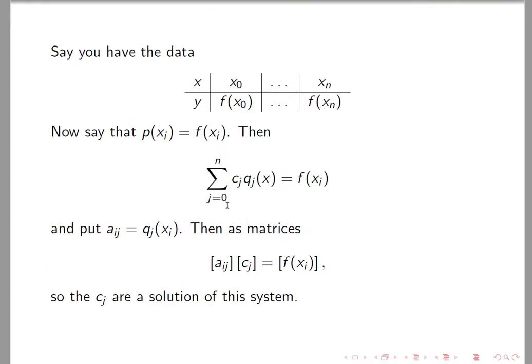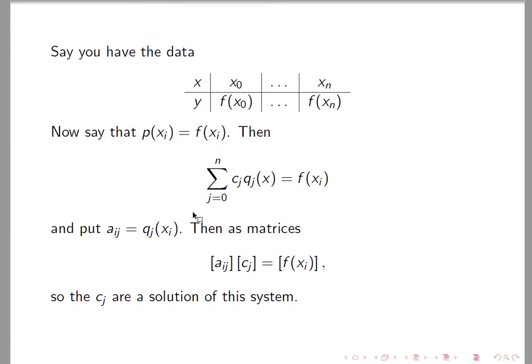Okay, now, instead of using y's for our values, we're going to shift to a functional notation. Say we have our data in ordered pairs, x0 and f of x0, etc., up to xn and f of xn. And so we want to have our polynomial interpolating f at these values.